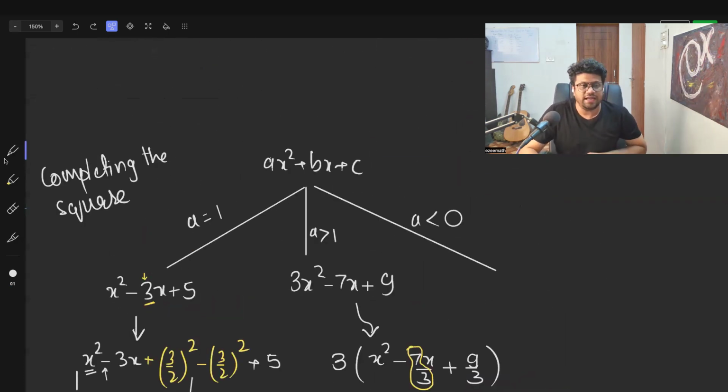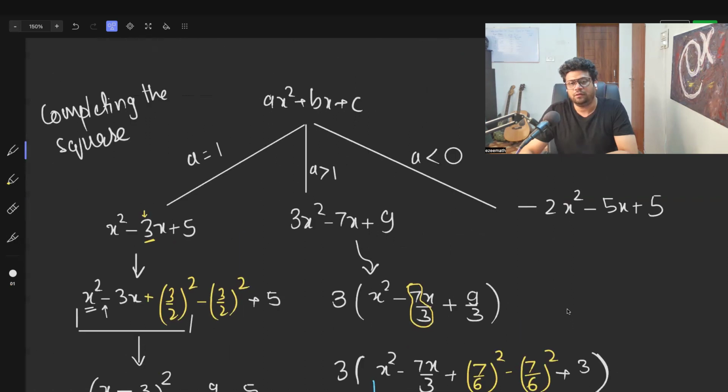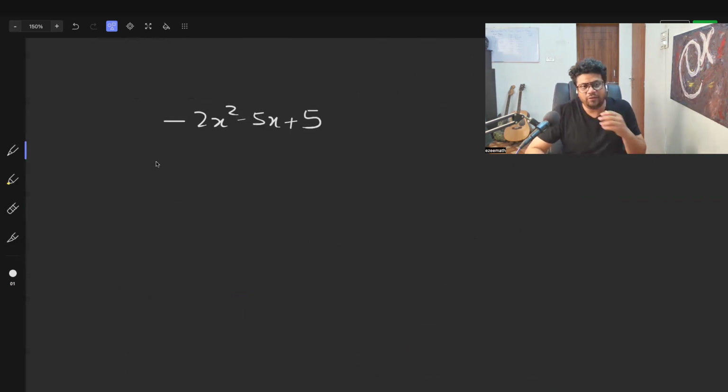Okay. Now let's look at the quadratics where a is lesser than 0. So let's do a negative 2x square, negative 5x plus 5. That's the quadratic. So let's see what you're going to get there. Okay. So we are given a negative 2x square, negative 5x plus a 5. Here, like you did in the previous one, take a negative 2 out.